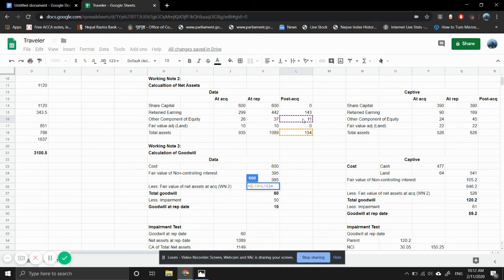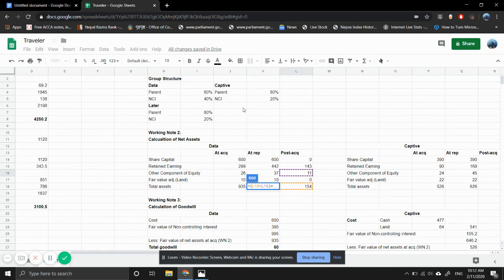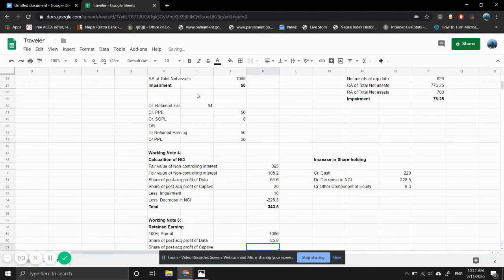So what was the parent's holding? 80%, right? No, it was only 60% during this period. Okay, 85.8, right? So same thing over here as well.